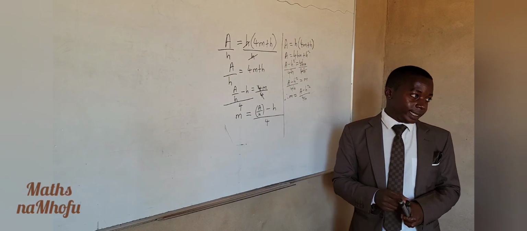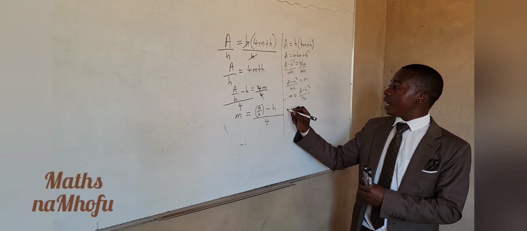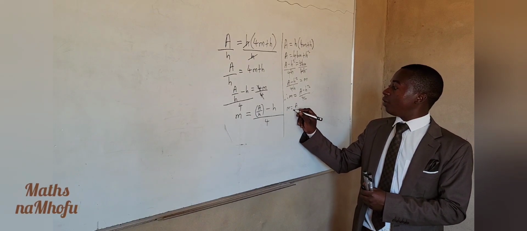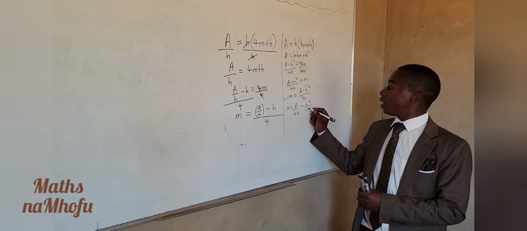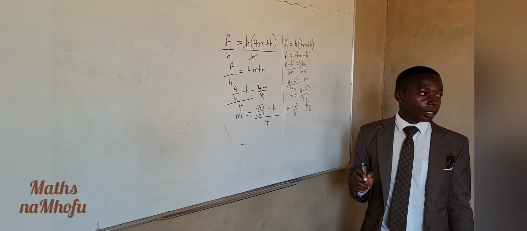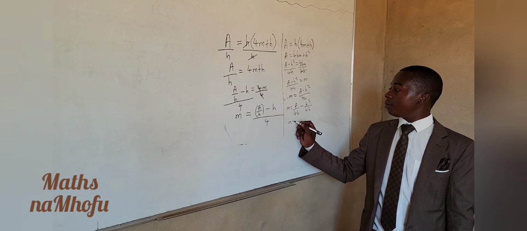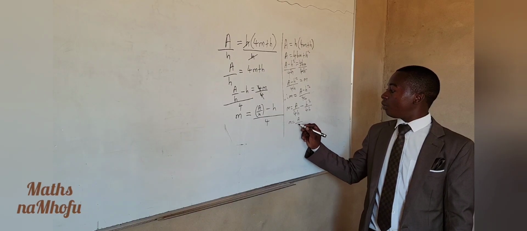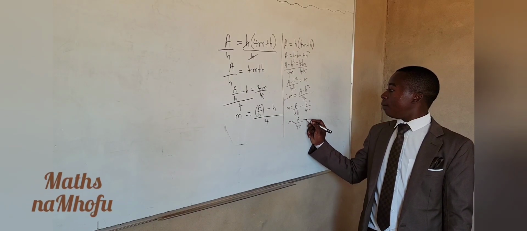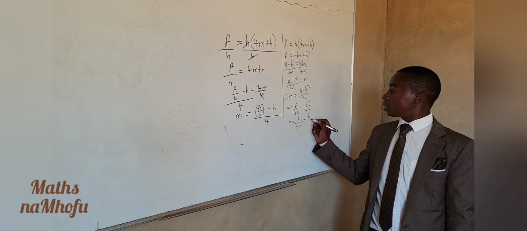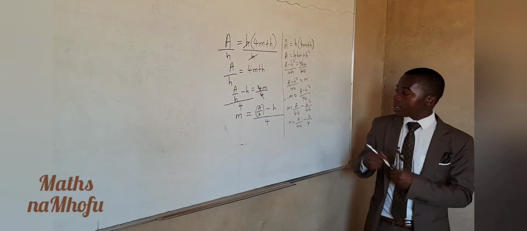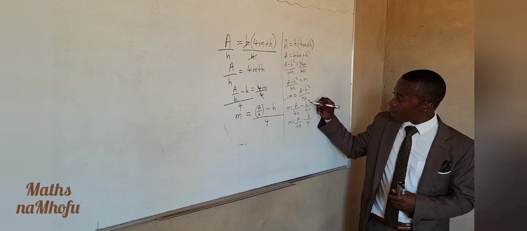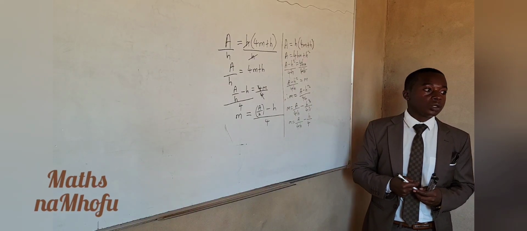You can split it. This is the same as M equals A over 4H minus H squared over 4H. So in that case, it will be M is equal to A over 4H minus H over 4, like this. Because this H is going to cancel out one H here, and then you remain with one H on top.